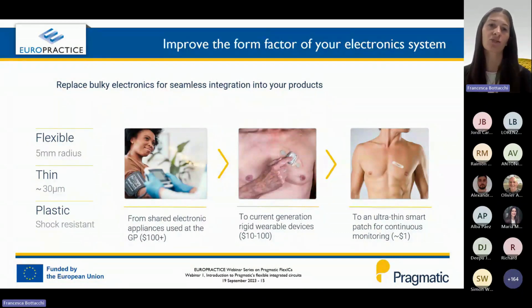You can go from shared electronic appliances that are really expensive and where you need to go to your doctor to get the measurement done, to the current generation of rigid wearables, which are still quite expensive to deploy to a wider community, and going down to an ultra thin smart patch for continuous monitoring that, in our vision, should be extremely cheap, very comfortable, and provide the same performance as the previous ones, but in a more sustainable product that can also easily be disposed of.